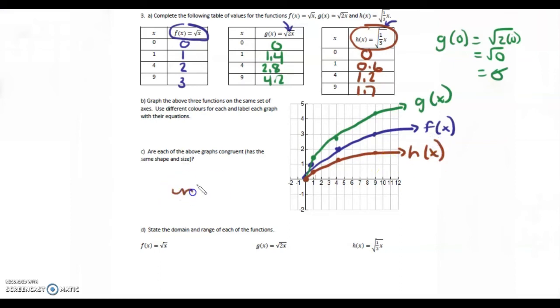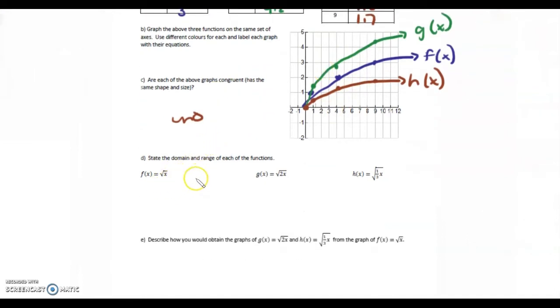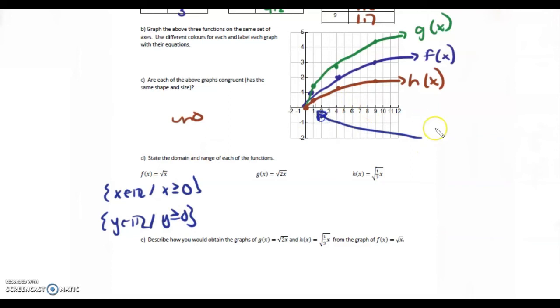So are these congruent? No, okay, because they're getting stretched or compressed. So let's do the domain. The domain of the original is always going to be x an element of the reals such that x is greater than or equal to 0 and y is greater than or equal to 0. Okay, this 0, 0 point is common between g at x, f at x, and h at x.